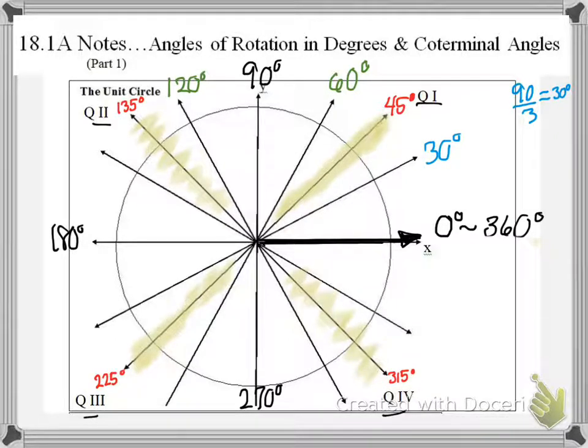Plus 30 again takes me to 150 degrees. Plus 30 again takes me to that 180 that I already know. Plus 30 again takes me to 210 degrees. I think I want that one to be green.